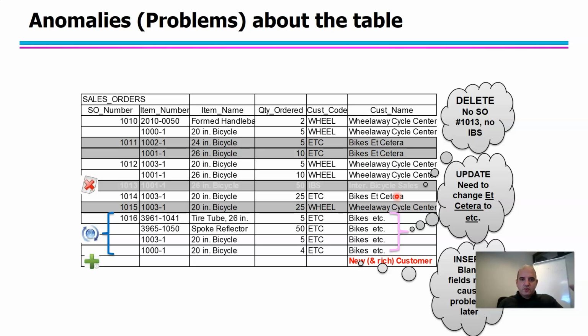If you focus on the problem, indeed we deal with a company. This is our customer. It has one name, bikes, etc. And this name is misspelled in 4 orders, or in one order with 4 rows. Okay? So indeed it's a single piece of data, but in this table we need to update 4 of these rows, which is very inefficient.